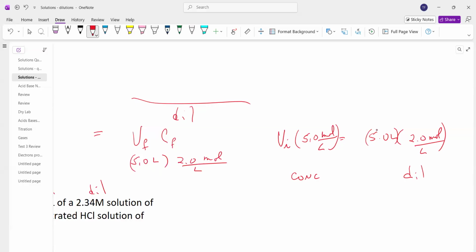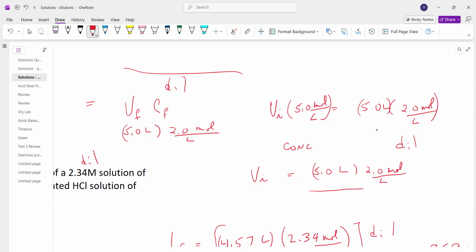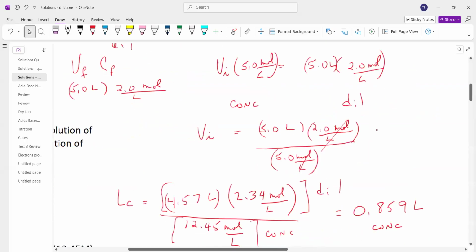We just solve for V sub I. Moles per liter cancels, we're left with liters, which is good. And we just solve it.